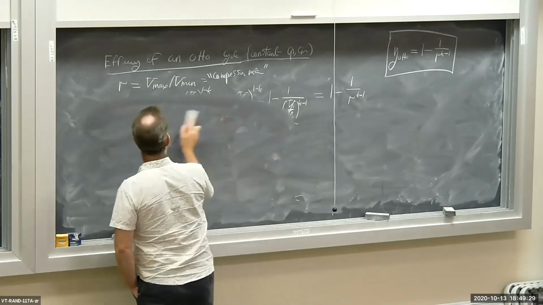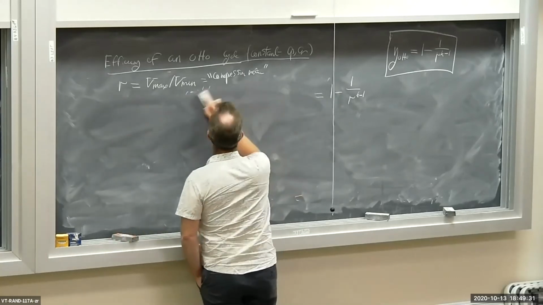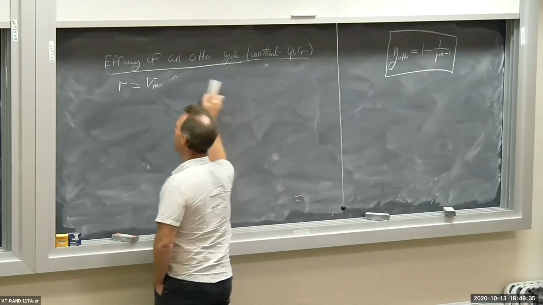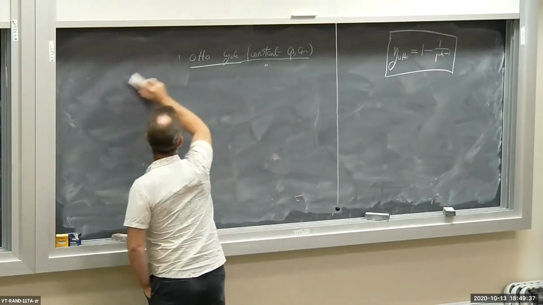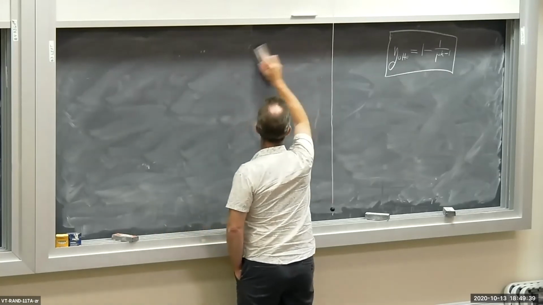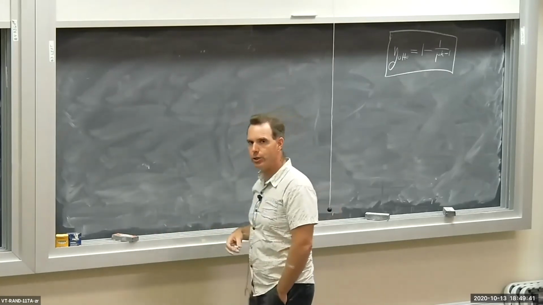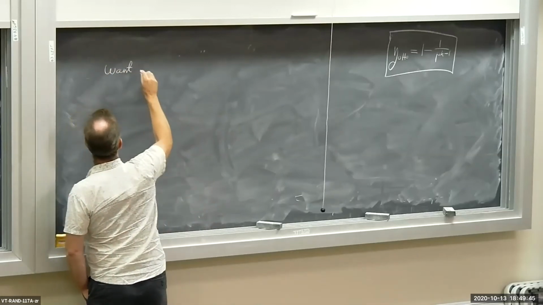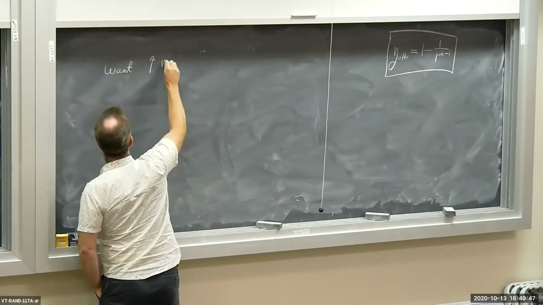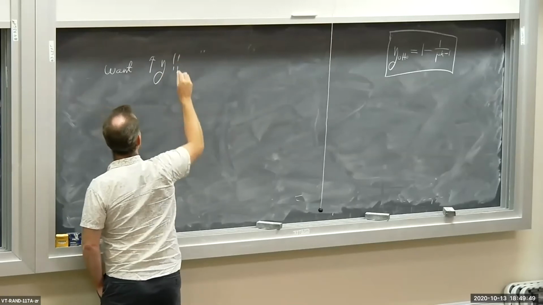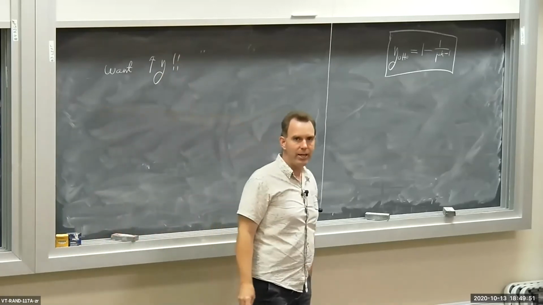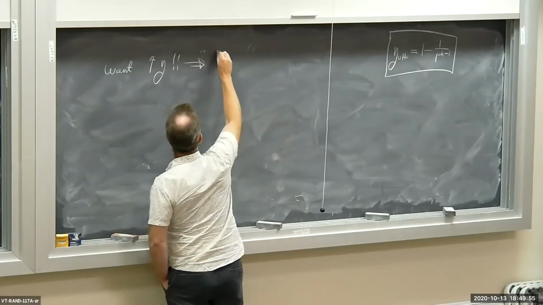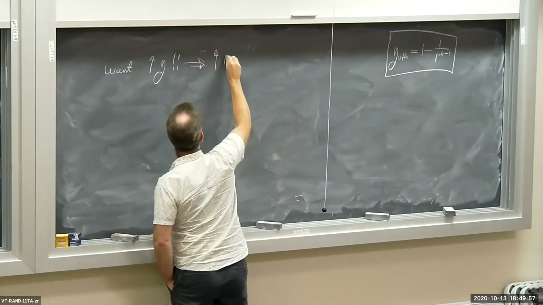So as an engineer, a mechanical engineer, what does this tell you? If you want a very efficient Otto cycle, a very efficient engine, so you want to increase efficiency, what do you have to do? You have to increase the compression ratio.